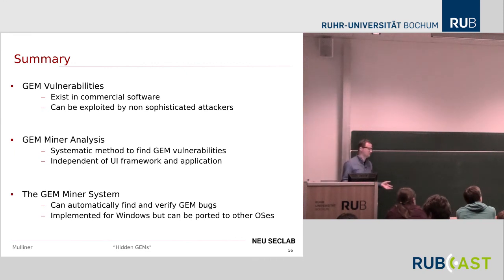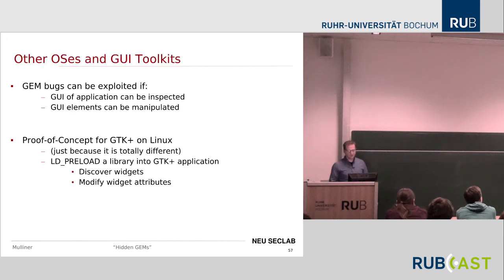Of course, this tool is right now only for Windows and not for Linux or macOS. But on Windows, as long as it uses the basic underlying Win32 UI, you can use the tool. And we can automatically find these bugs with our tool, and then you could exploit them.